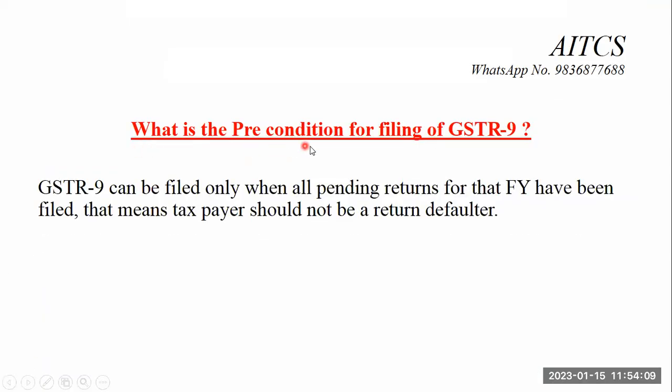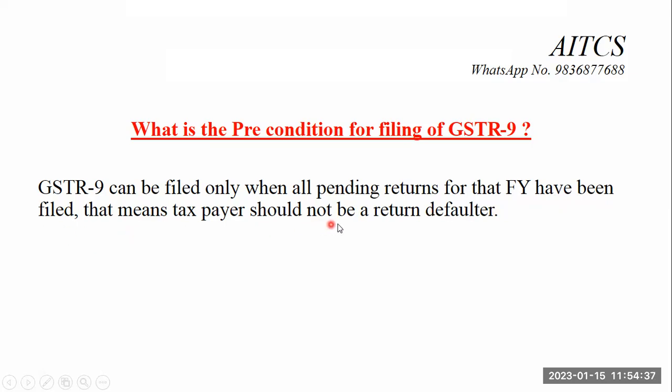What is the precondition for filing of GSTR 9? Here GSTR 9 has preconditions, which means if you do not satisfy that condition, a registered taxpayer cannot file GSTR 9. GSTR 9 can be filed only when all pending returns for the financial year have been filed.